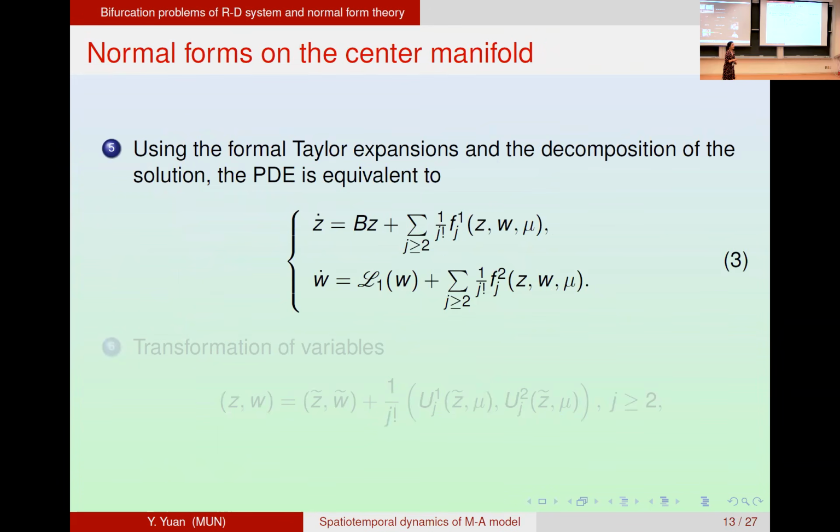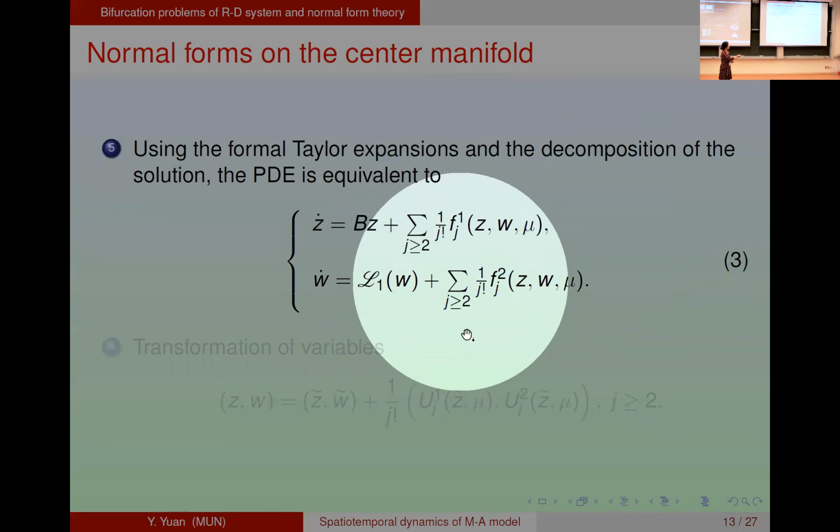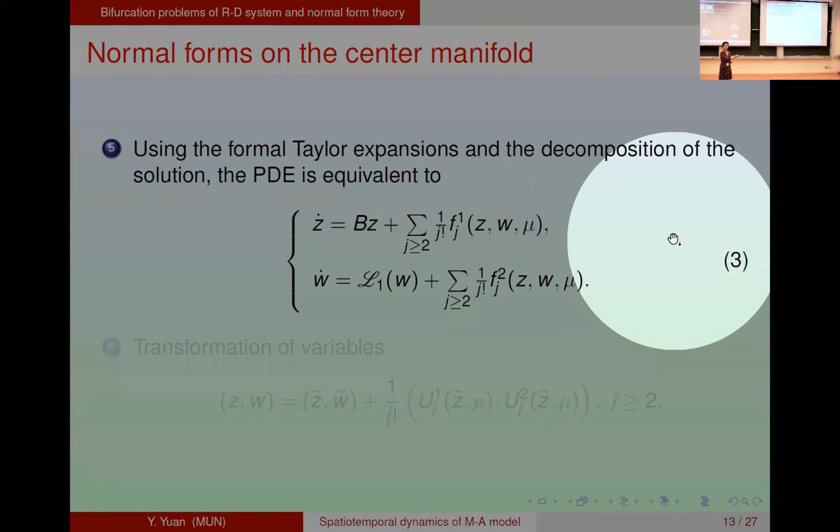Anyway, the basic idea of the normal form and the center manifold is to do the phase space decomposition first, right? So we need to get its center manifold. For this one, this Z equation is the center manifold. This comes from the space decomposition.